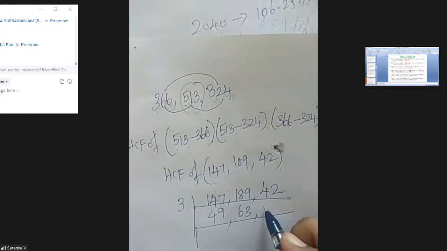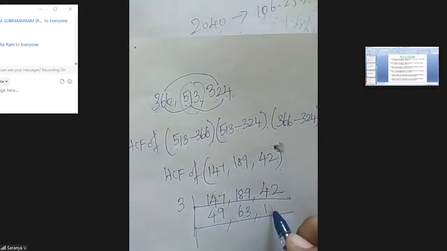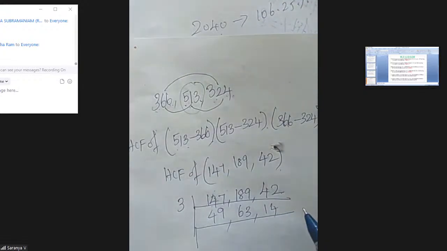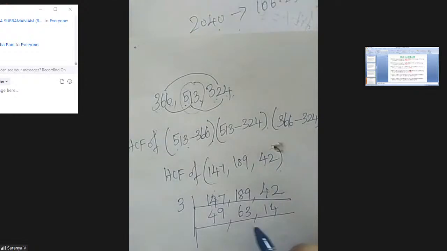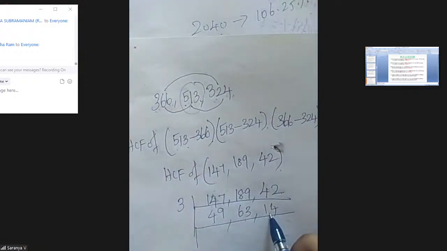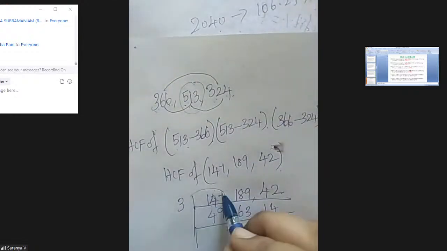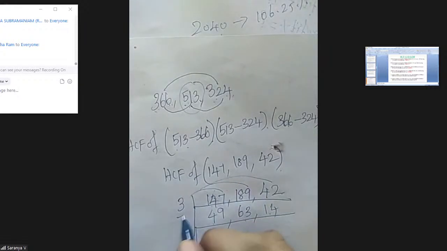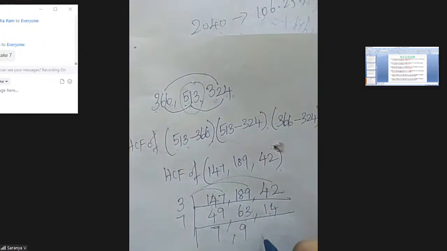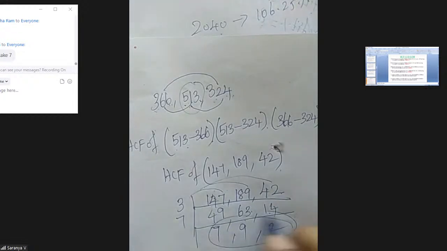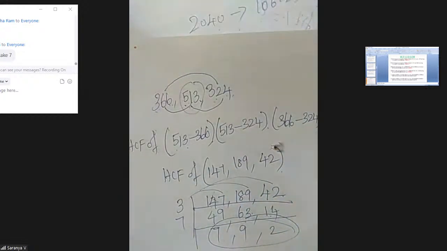And in 42, 3 fourteens are 42, so 14. So we can say this 49, 63, 14 will be divisible by 7. So we still have a common factor for all the numbers, 7. 7 sevens are 49, 9 sevens are 63, and 2 sevens are 14. After that I'm not having any common factor.